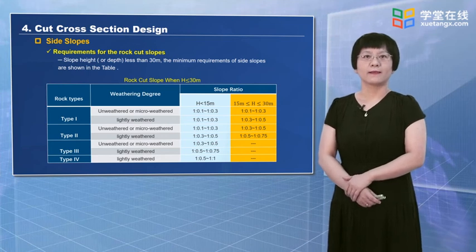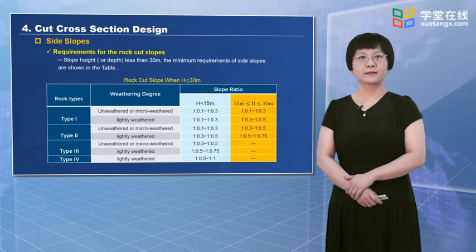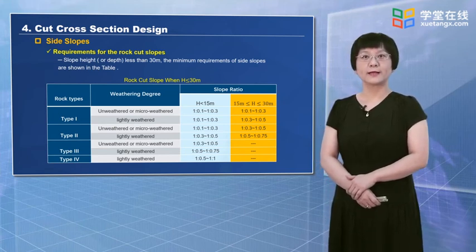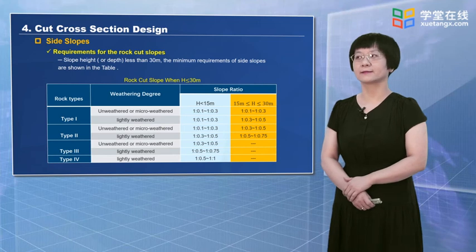Well, this table is for the ordinary cut slopes for rocks. The slope ratio can be determined by the rock types, weathering degree, and the edge height.